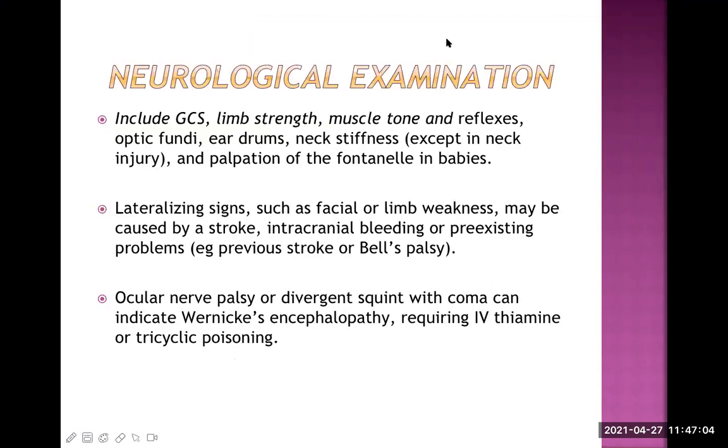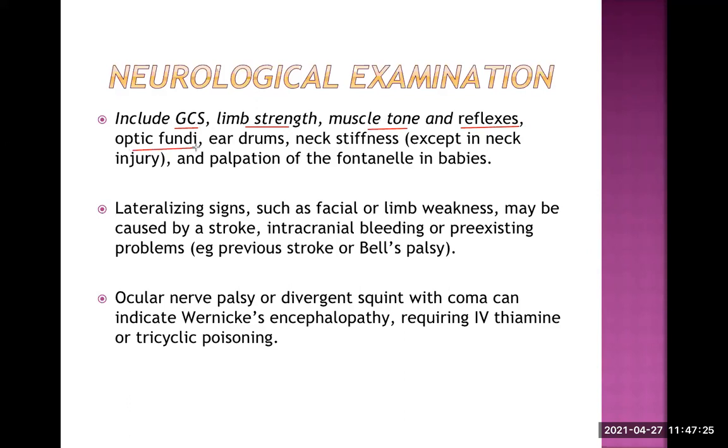Now, what are the other examinations? Importantly, the neurological examination we do in this type of patient include Glasgow Coma Scale, strength of the limb, tone of the muscle, and reflexes. These are the parts of our central nervous system exam.